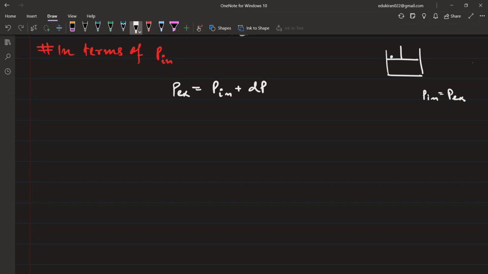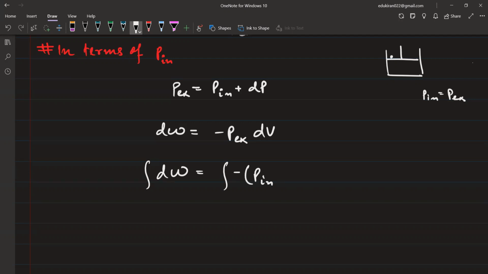P external equal to P internal plus dP, and we'll put this in that formula. We have got dW is equal to minus P external into dV. Okay, and in this P external we'll put this formula here. We'll integrate dW is equal to integration of minus P internal plus dP into dV.